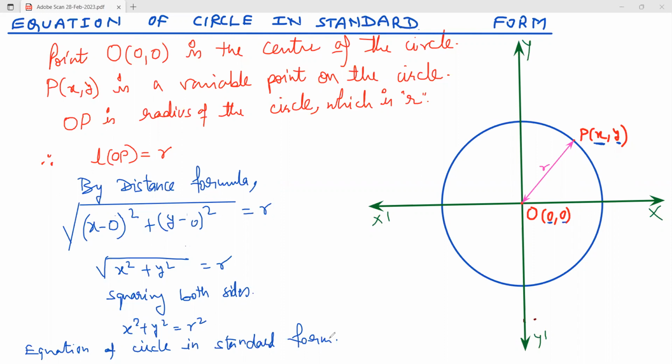What is the equation of circle in standard form? Very simple. x square plus y square is equal to r square. Very, very, very simple.